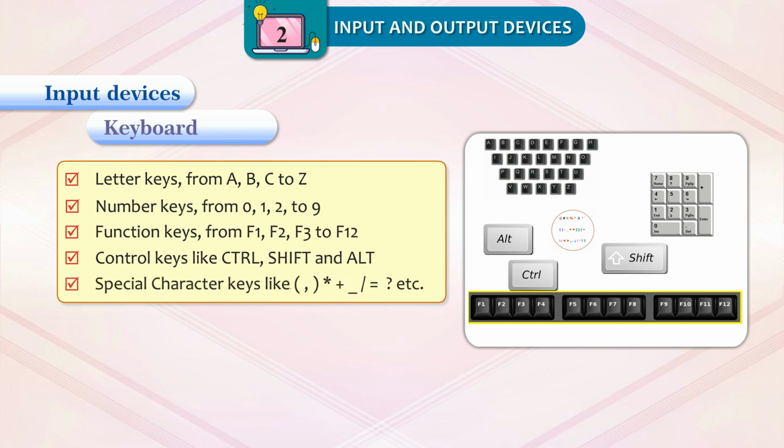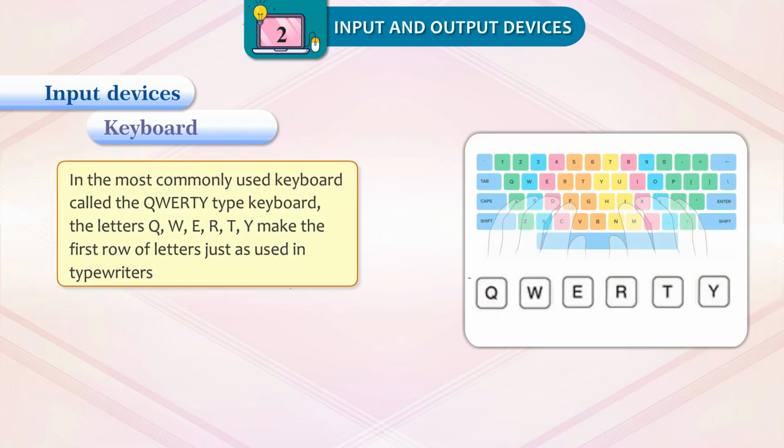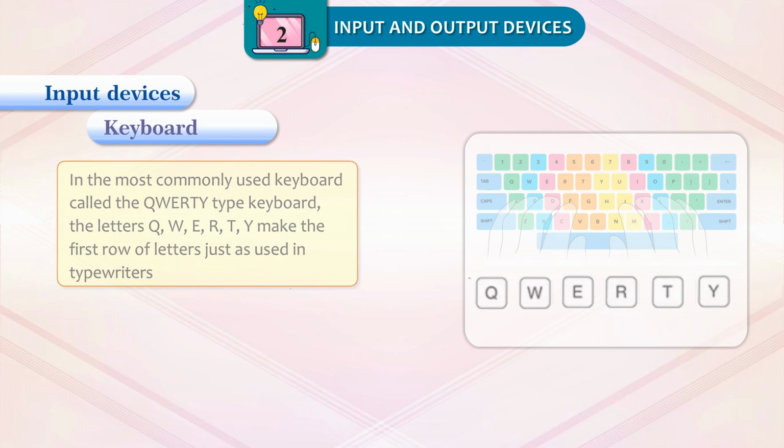Special character keys. In the most commonly used keyboard called the QWERTY type keyboard, the letters Q, W, E, R, T, Y make the first row of letters just as used in typewriters.